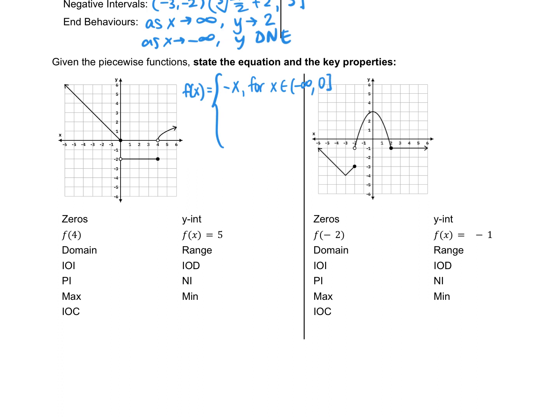For the horizontal line, the equation would be just y equals negative 2, because all the y values there are negative 2. And that's for x belonging to 0, not included because it's a hole, all the way to 4, which is included because it's a closed point.